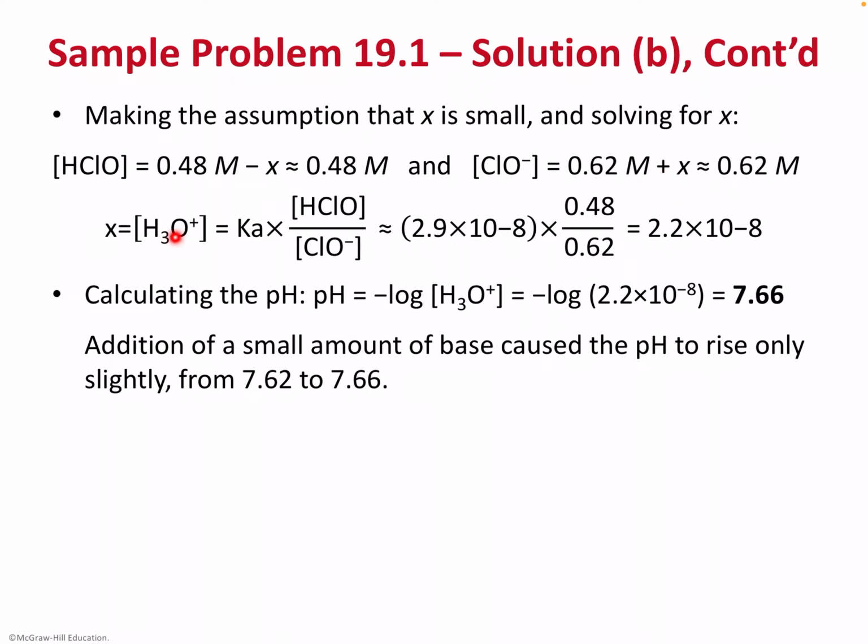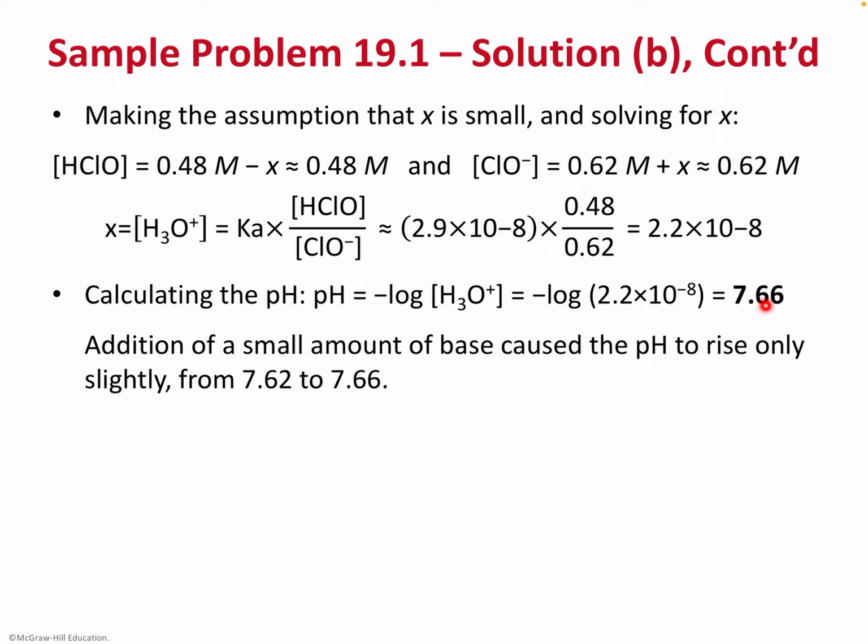So for the hydronium ion concentration, we use the ratio along with the Ka: the acid component of the buffer divided by the concentration of the base. Acid component 0.48 divided by 0.62, times the Ka, 2.2 times 10 to the negative 8. Calculating the pH, negative log of hydronium, gives 7.66.